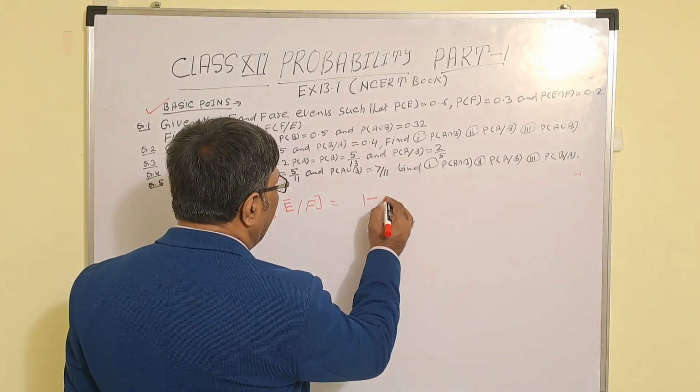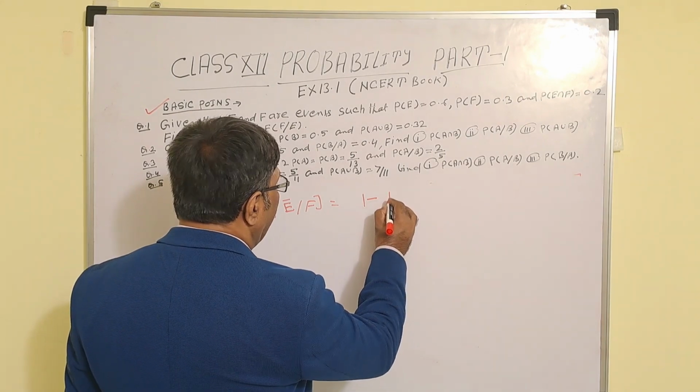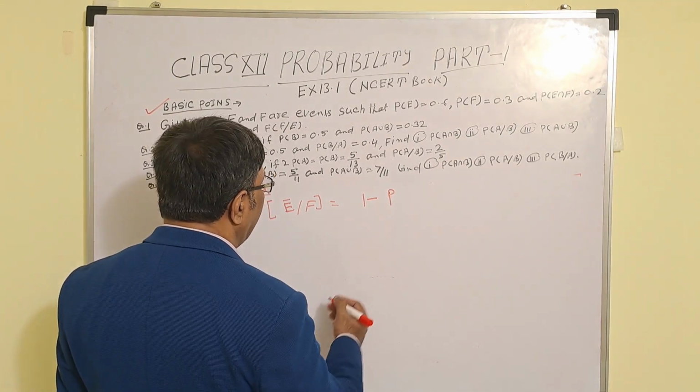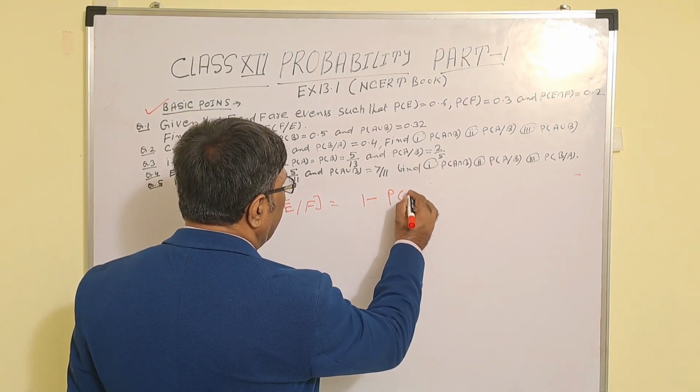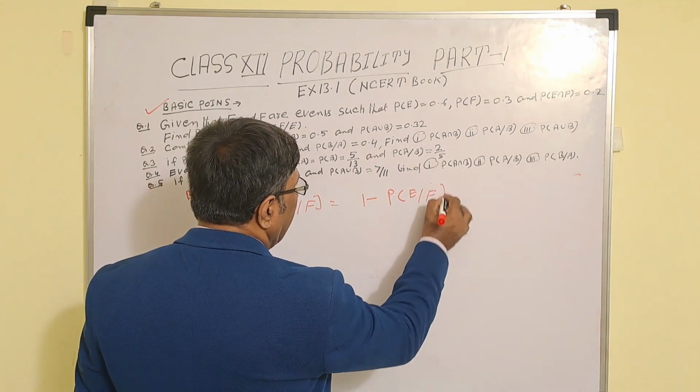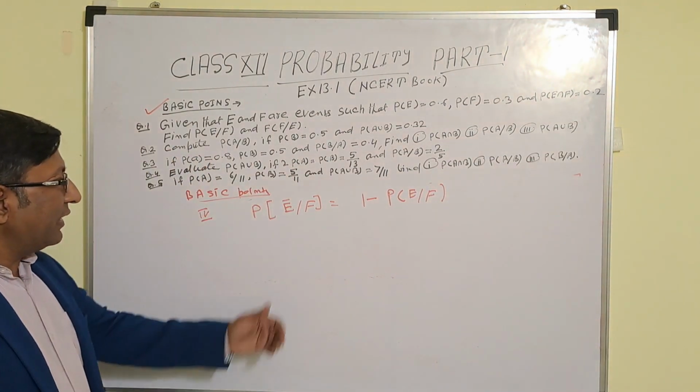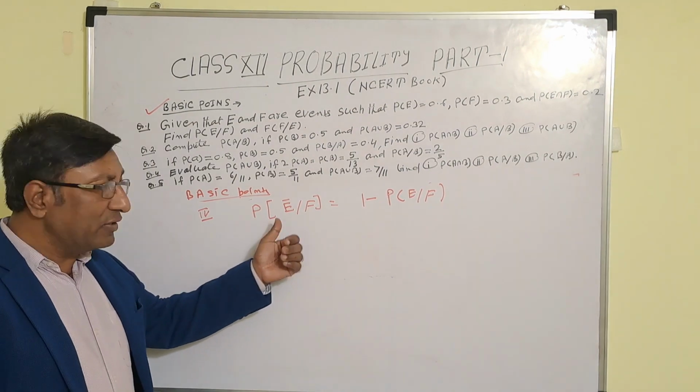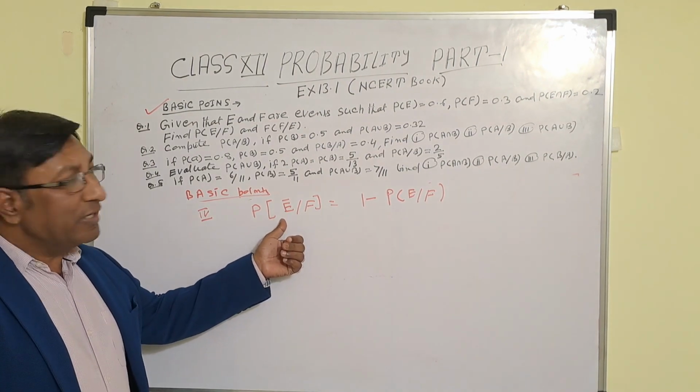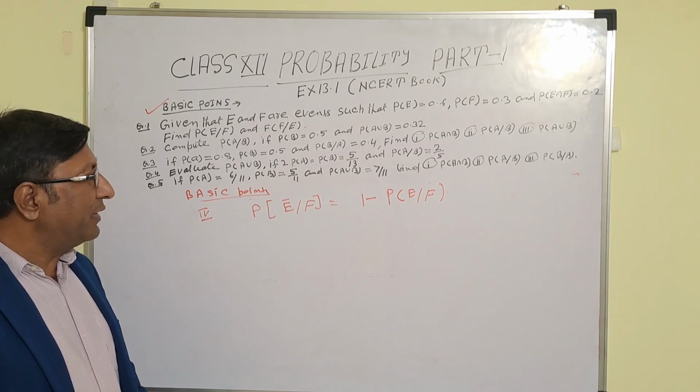That is 1 minus the probability of E by F. So the conditional probability of E naught is 1 minus the probability of E by F.